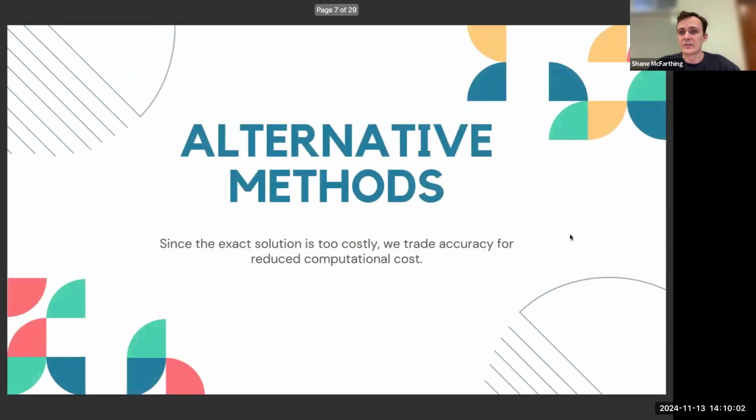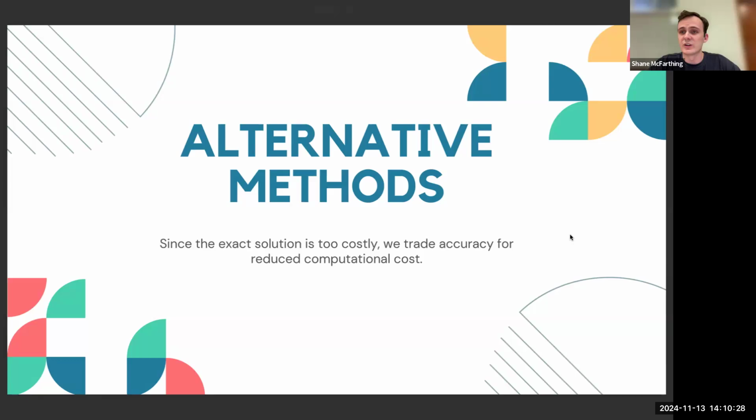So we have to look at alternative methods to solve the equation that don't have the same cost, because we only have access to theoretically limited hardware, so we can't use really expensive methodologies for really complex systems, and that's what we're trying to do.